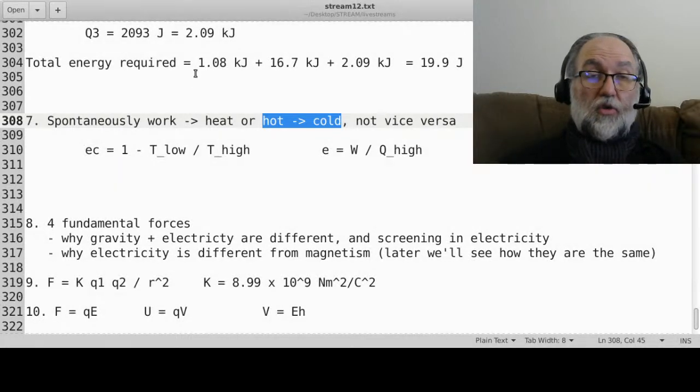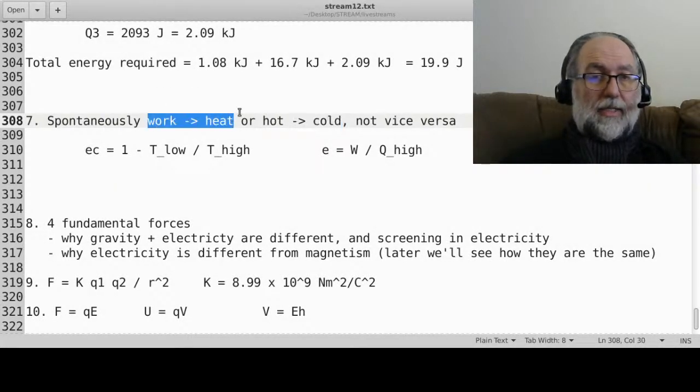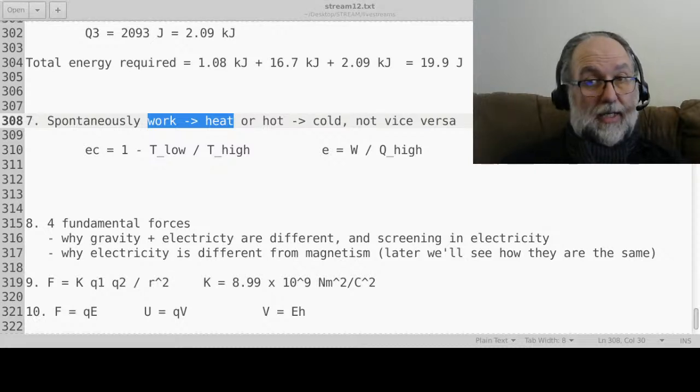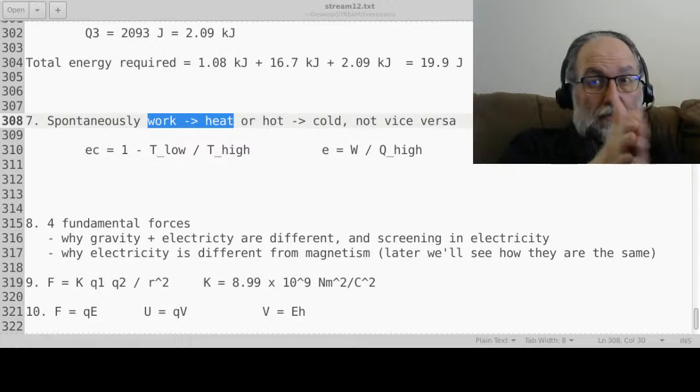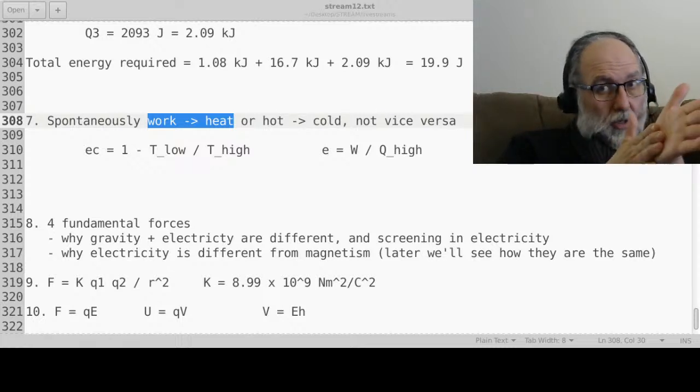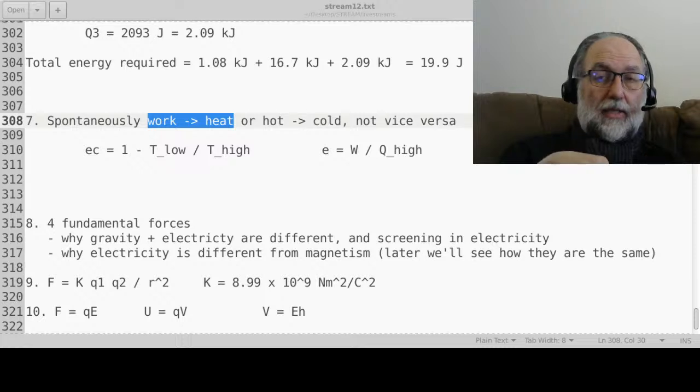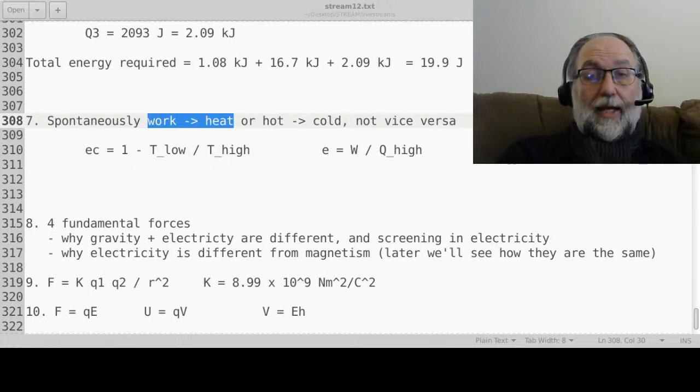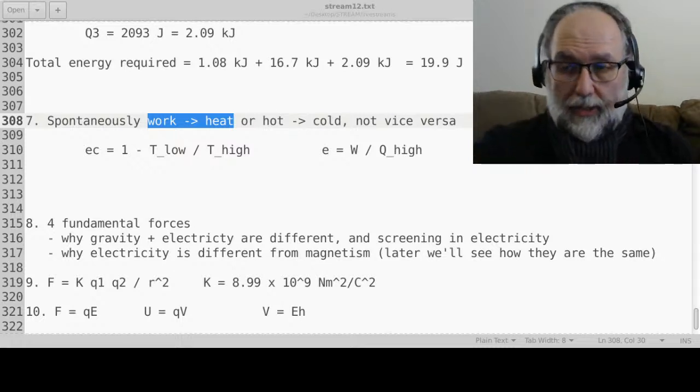The other statement of the second law is that work can spontaneously become heat, but not the other way around. That's friction. If you rub your hands together, they'll warm up. The work you're doing by rubbing your hands becomes heat. Never will heat turn into work. There's a lot of heat in the objects around us, say in the table here.